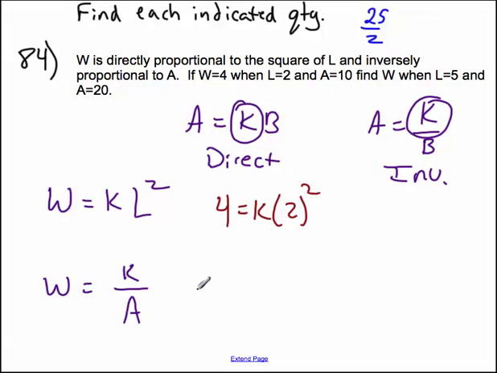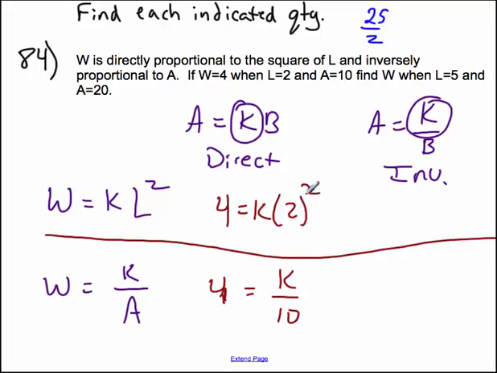And A equals 10, so W equals 4 is equal to some constant divided by 10. In this case, the constant for the direct proportion, 2 times 2 is 4, divide both sides by 4, that's 1. So K is going to equal 1 right here, and K, the constant, is going to equal 40 right there.